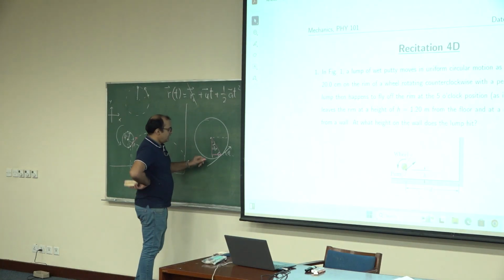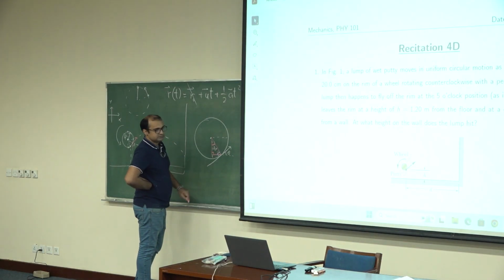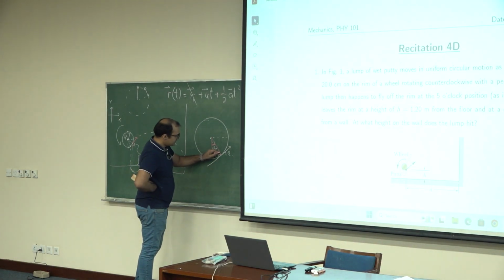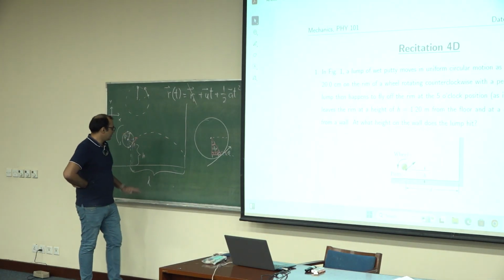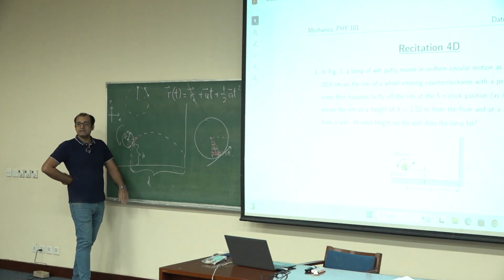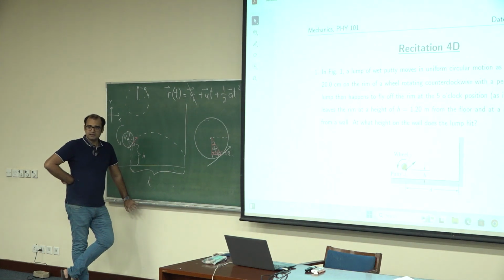If this angle is 30 degrees and this angle is 90 degrees, then this angle is 60 degrees, and this is 90 degrees. So what's this angle? 30 degrees. So the velocity vector is making an angle of 30 degrees with the horizontal. All I did was use the fact that the radius is perpendicular to the tangent.